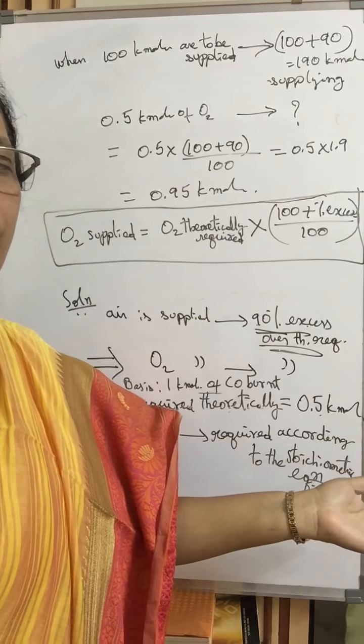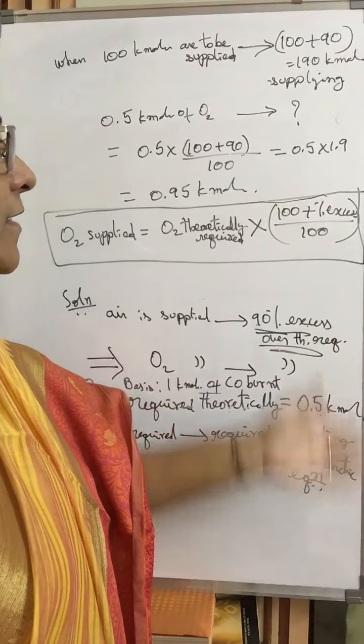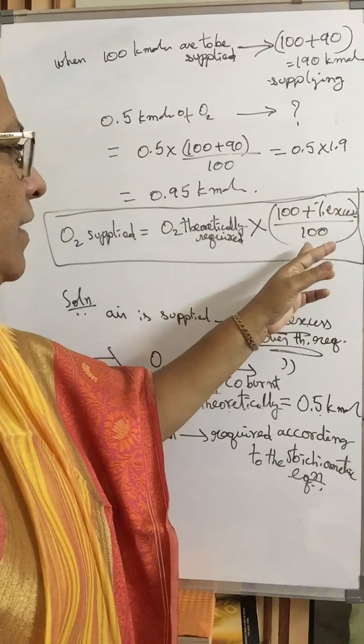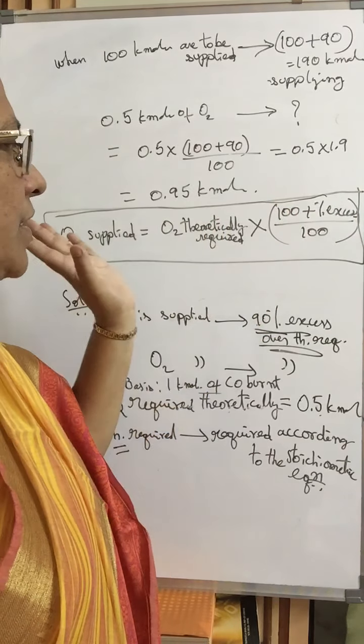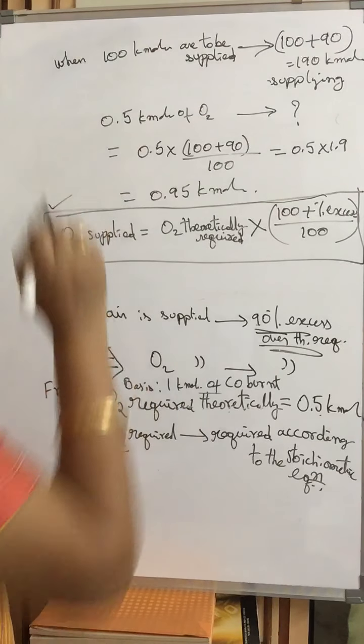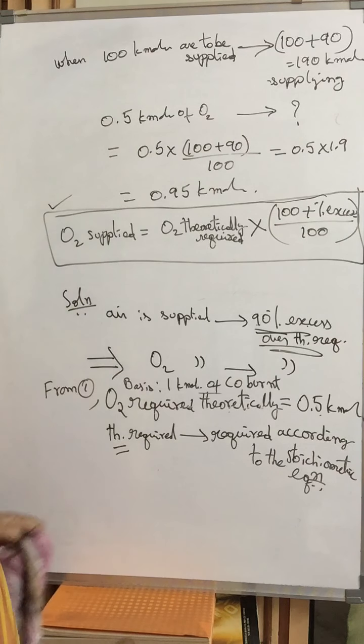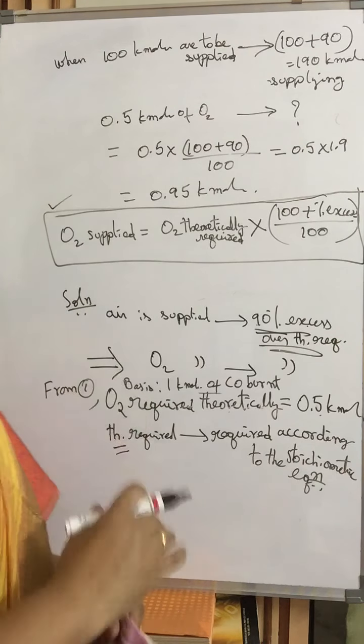In some other problem, 20% excess, so 100 plus 20 by 100. The theoretical requirement is from stoichiometry. This is the important calculation which is required in future problems. You can know the oxygen theoretically required from the stoichiometric equation, and what percentage excess is supplied will be mentioned in the problem. So this way you can calculate.